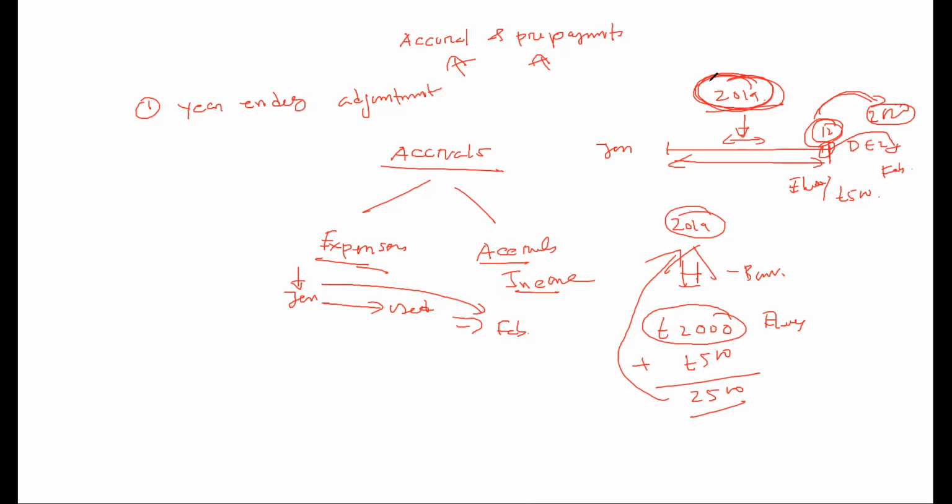So basically, this is the accrual expense. What happens because of the accrual expense? Our expenses increase and the liabilities increase.